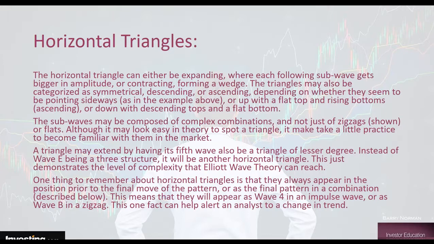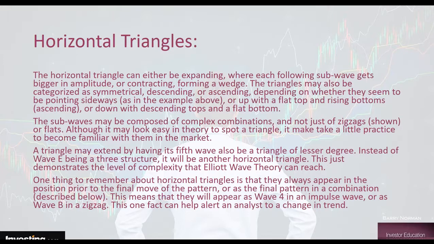Now, these triangles are exactly like the triangles that we saw in chart patterns and chart interpretations. They just happen to appear within the Elliott wave. So if you remember what you saw in the class on chart patterns, and you saw the ascending, the descending, and how they look, these are those same triangles dropped onto your Elliott wave.